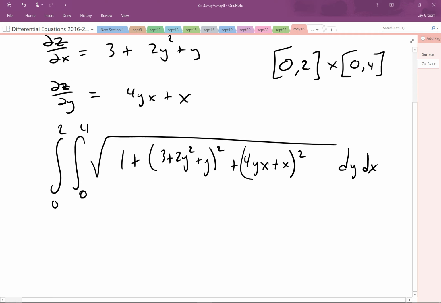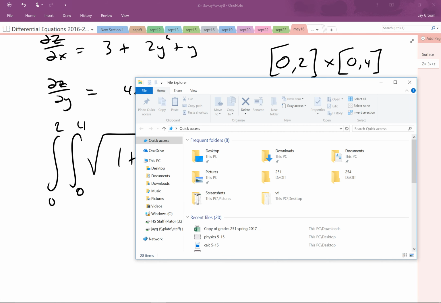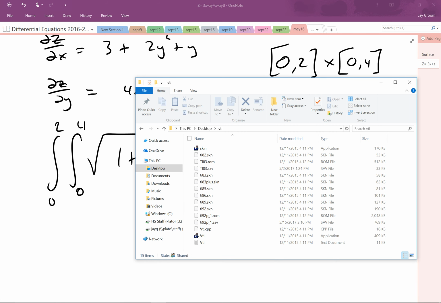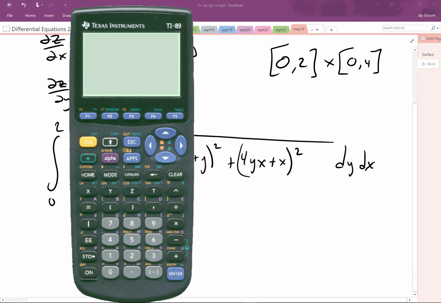Now, one could think, let's FOIL it out and do substitution. No. So I'll try it on my calculator up here. What's probably going to happen is your calculator is going to say, I give up. It'll work like an hour.